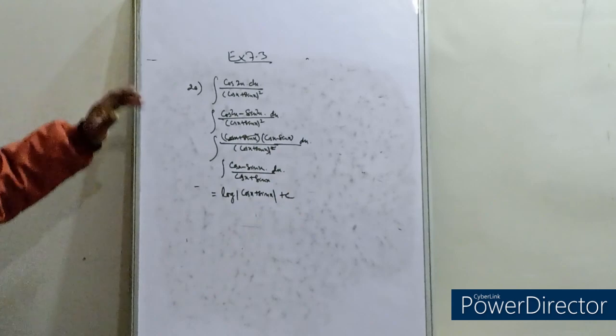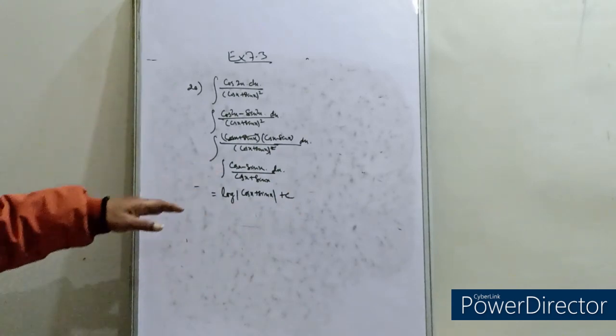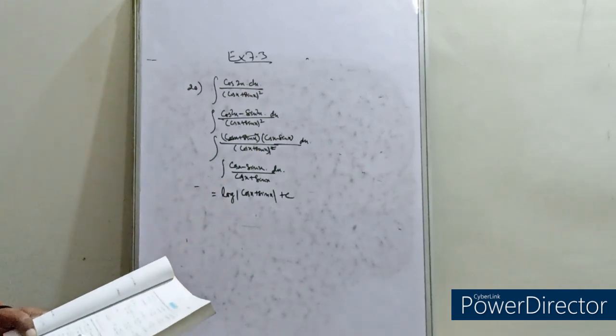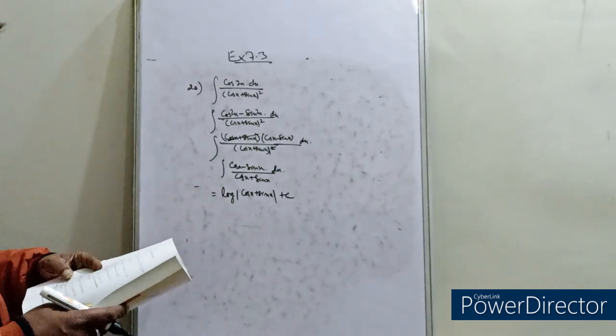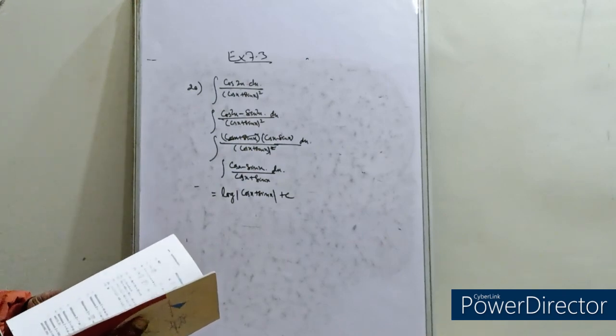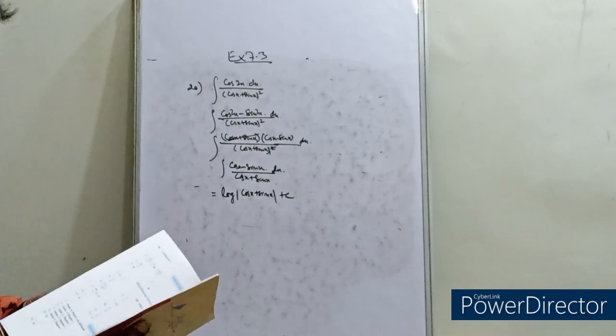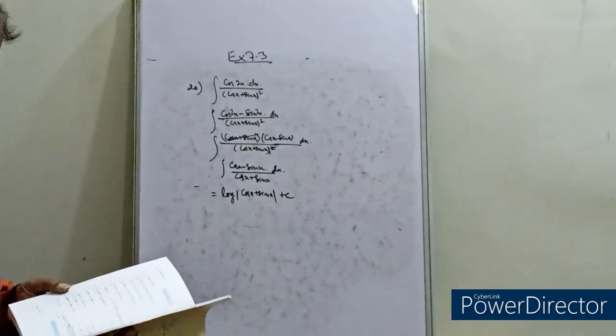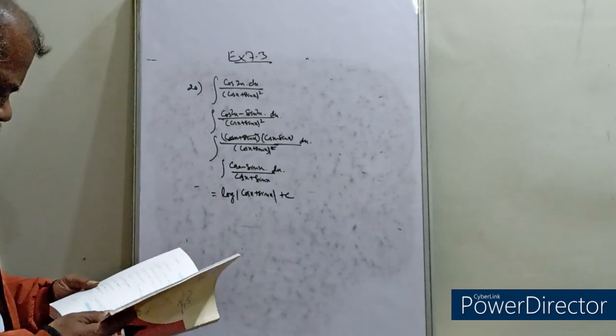You remember this, that if you differentiate the denominator, you get the numerator. That means your answer is log of the denominator. Let me check the answer. Question number 20, 7.3, question number 20. This is the answer. It is correct.